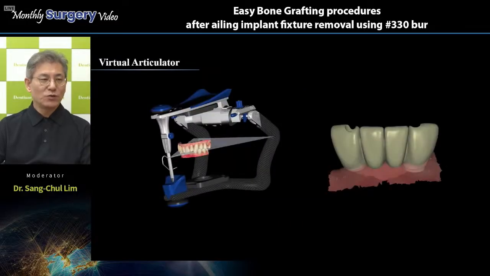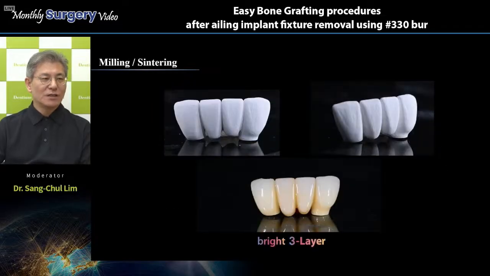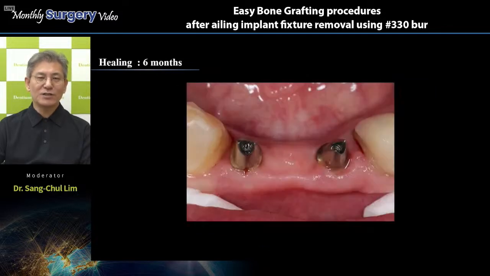And sometimes we use the virtual articulator for an accurate occlusion scheme. So finally, we got the final restoration with milling and sintering. We always use Bright 3-layer zirconia block to make this final restoration. It is a very simple and easy procedure to make a final restoration with a zirconia block.